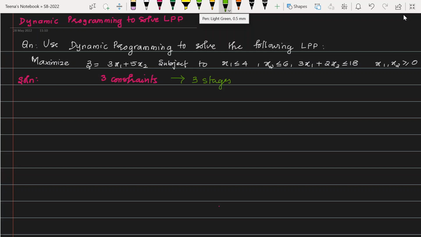These three stages are represented by B1 equal to 4, B2 equal to 6 and B3 equal to 18. So we have three constraints, and these three constraints are actually three resources, and we have the stages associated with the three constraints as B1 equal to 4, B2 equal to 6 and B3 equal to 18.